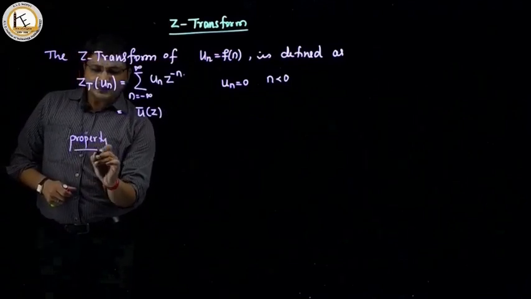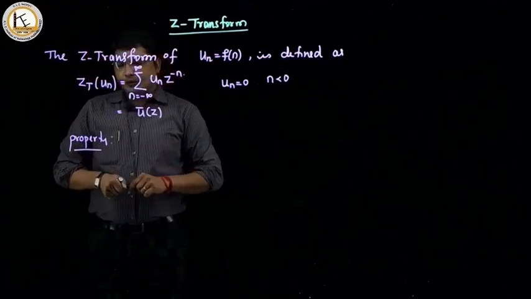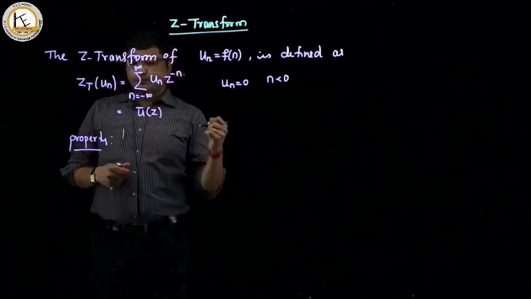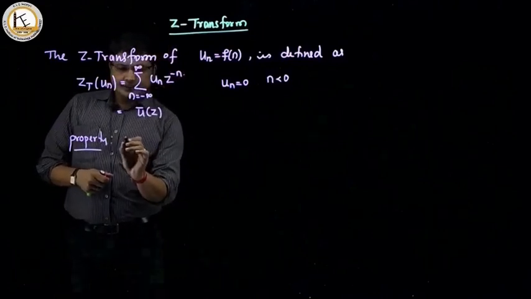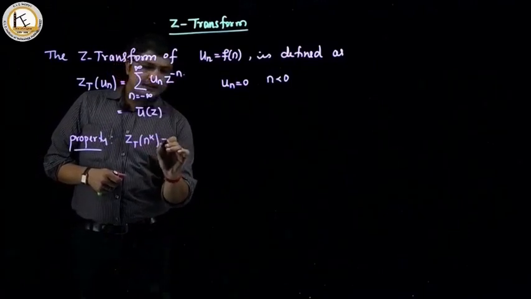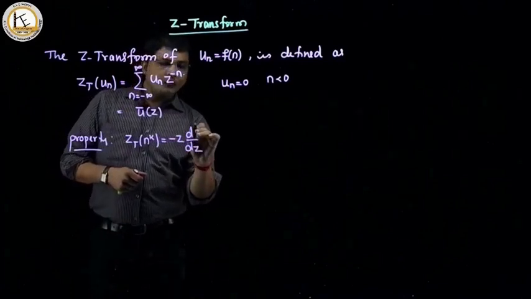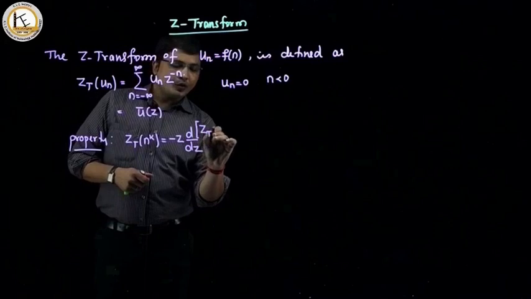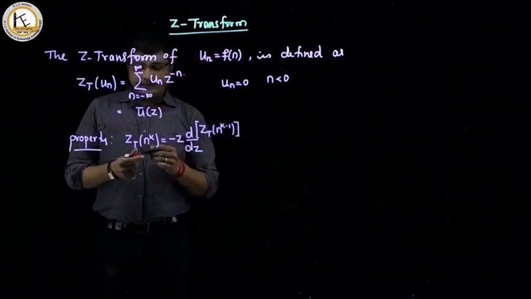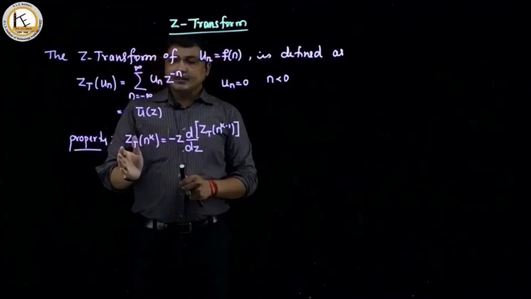Now let us take the important property of this Z transform. From this property we will derive some standard functions, and also find the Z transform of some standard functions. It says that the Z transform of n raised to k is equal to minus z into the derivative of the Z transform of n raised to k minus 1 with respect to z.